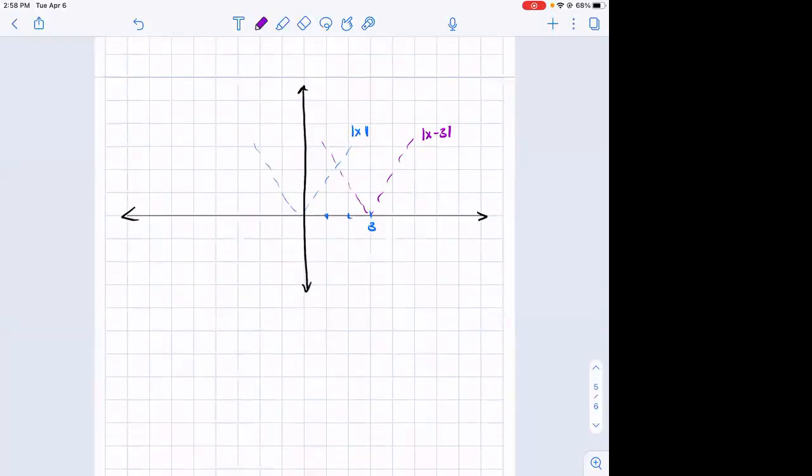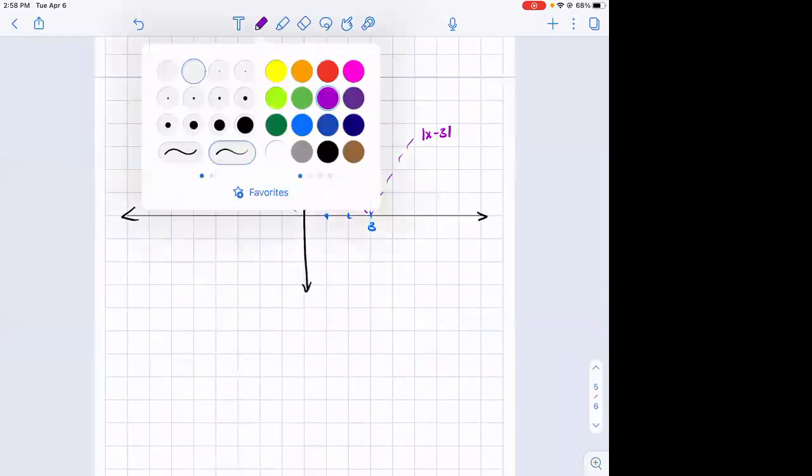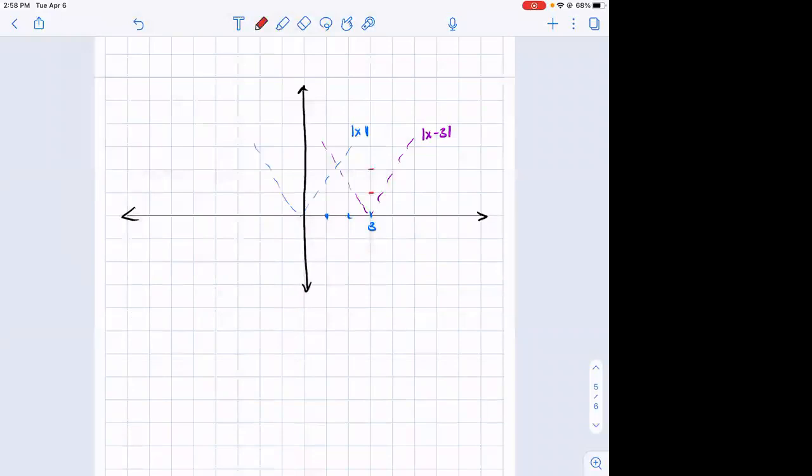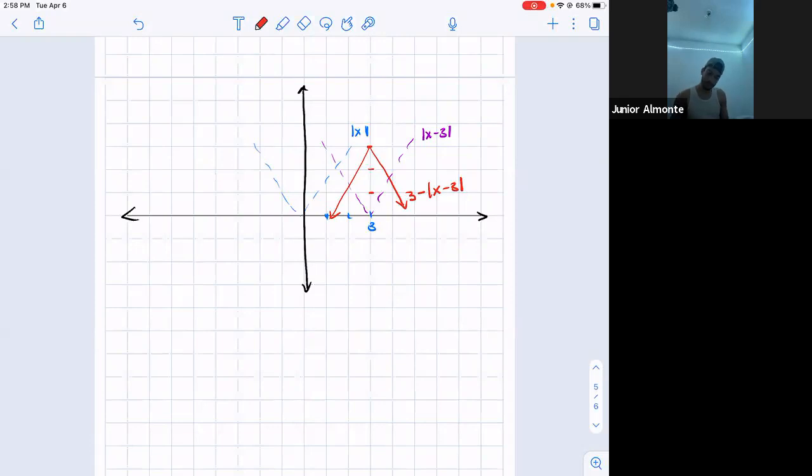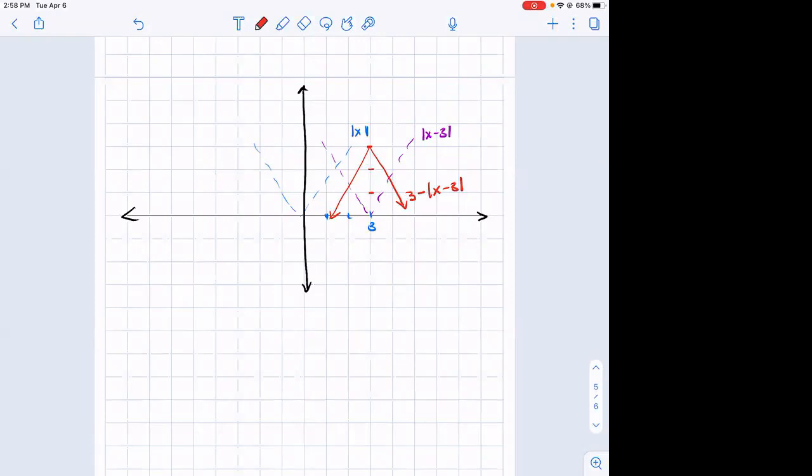So now your graph would go up 3, 1, 2, 3, and it's also inverted. So your graph is going to look like this. This here is 3 minus the absolute value of x minus 3, the red graph. These are all transformations of functions from pre-calculus. So what value of x is this function not differentiable on?